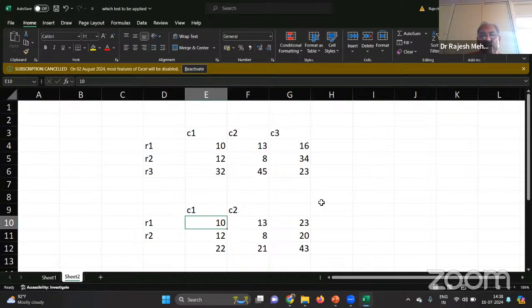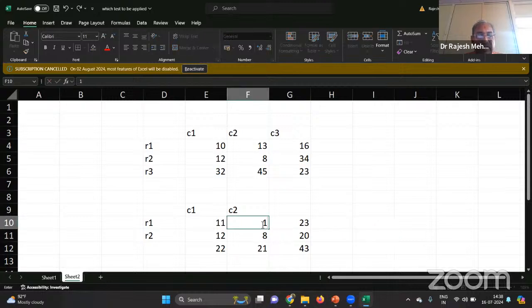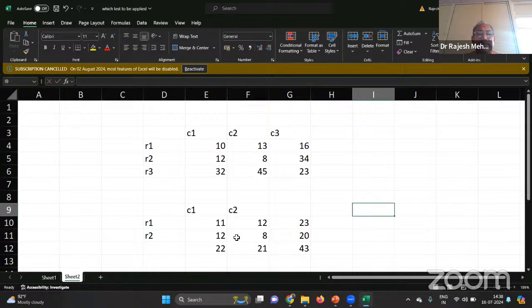Let's say in this example, instead of 10, if you keep 11, then to keep it 23 over here, you need to keep 12 over here, and here you need to keep 11. So once you change this figure, the rest has to be fixed. Only one thing you can change; the rest depends on this.